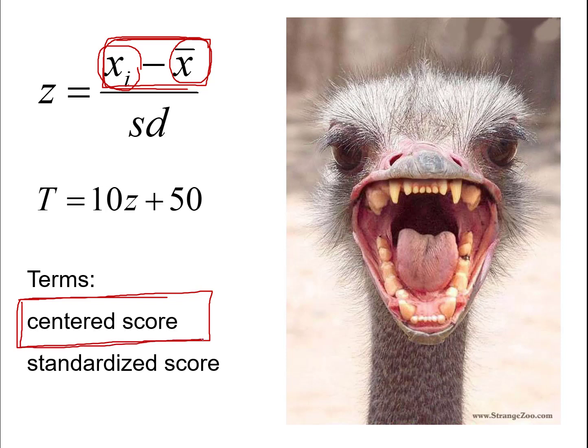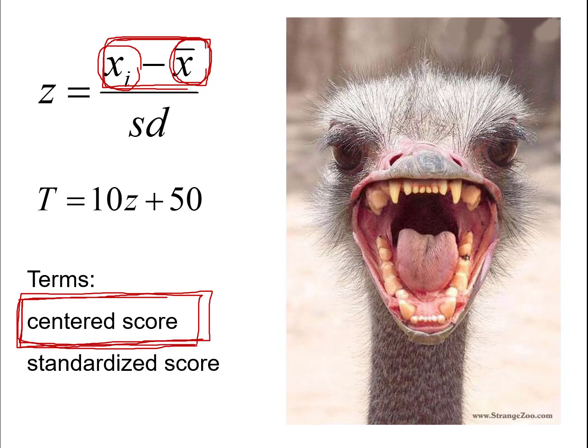If I tell you to center the scores, what that means is I want you to subtract the mean from everybody's score. When you do that, you will have a new set of scores, and this new set of scores will, by definition, have a mean of 0. So if you subtract the mean from everybody's score, that will give you a new set of scores that will always have a mean of 0. For that reason, I call that a centered score. It means it's centered around 0.